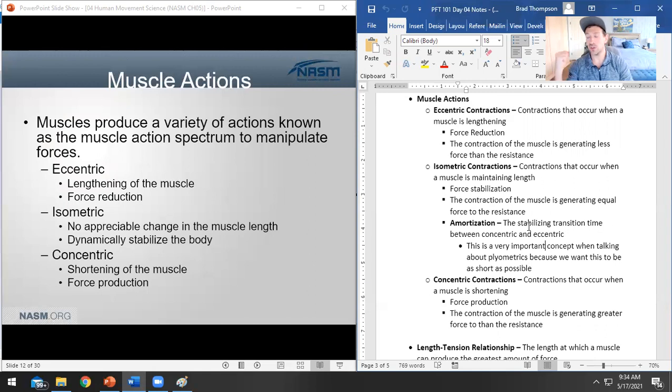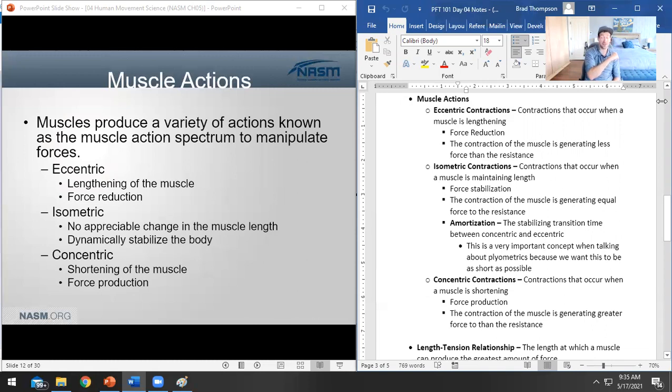If I had to arm wrestle, let's say, Ronnie Coleman, right? If I had to arm wrestle a professional bodybuilder, they're probably going to be able to generate much more force than I am. So I'm probably going to be trying to concentrically produce enough force to drive their arm down.